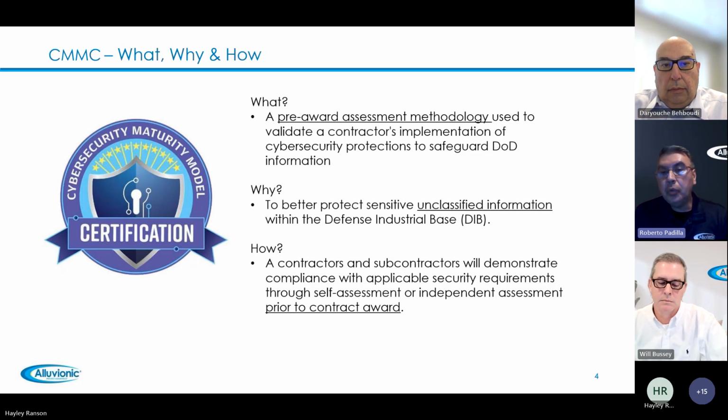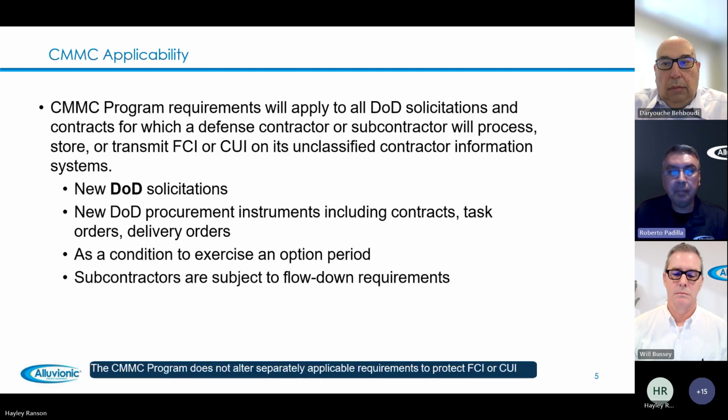Compliance is either going to be shown through a self-assessment process for a limited number of defense contractors, or, most commonly, an independent third-party assessment certification. Those will apply to contracts involving CUI. And ultimately, commercial off-the-shelf, or COTS, procurements are excluded from CMMC requirements. The next slide.